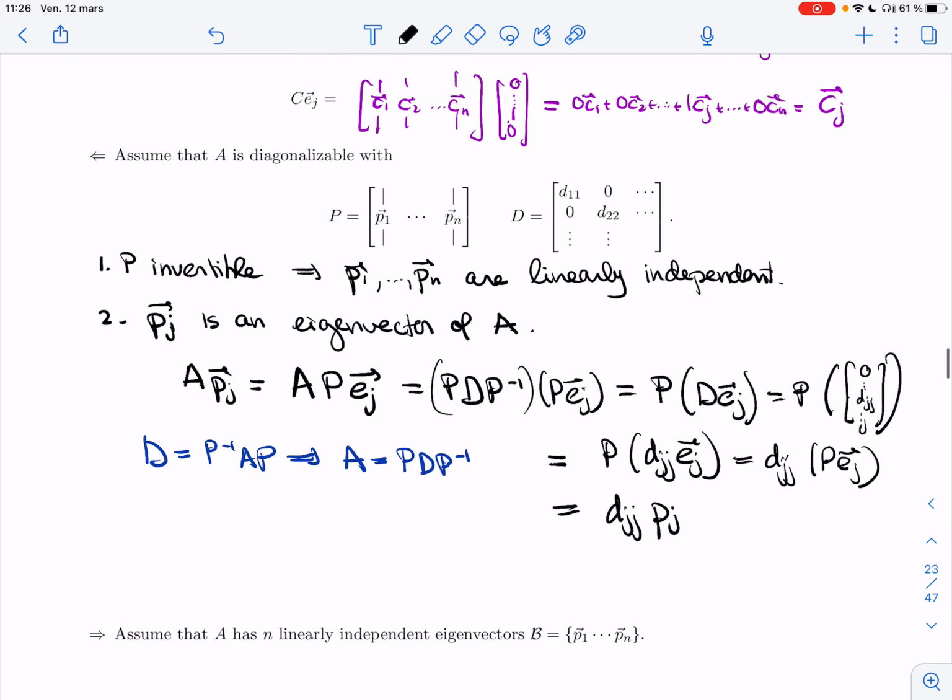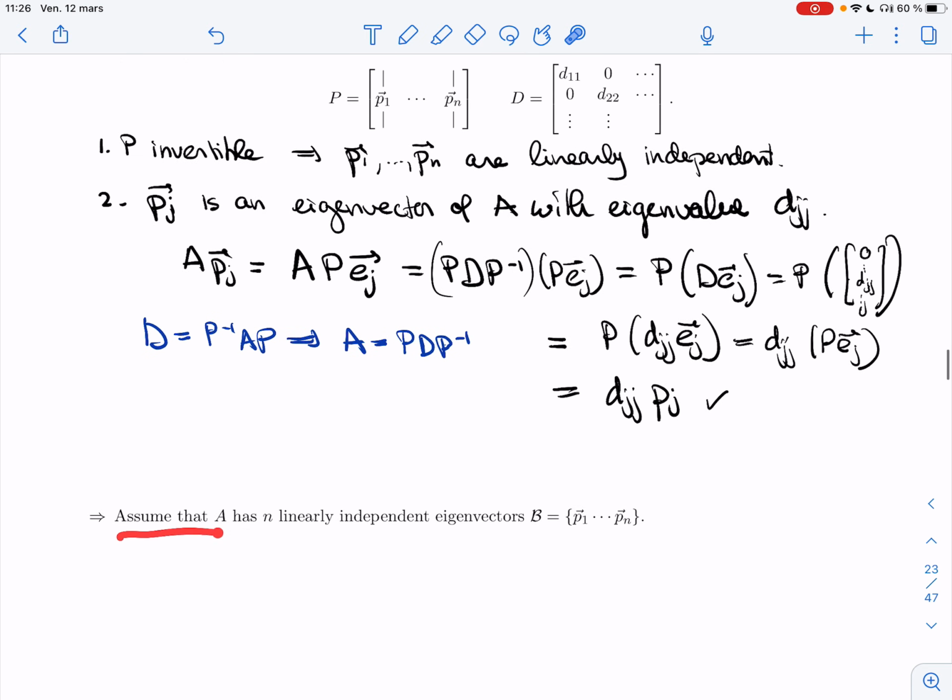All right, so this gives me two things. It's that pj is an eigenvector, and it gives me the eigenvalues. It's quite nice. With eigenvalue djj. All right, good.